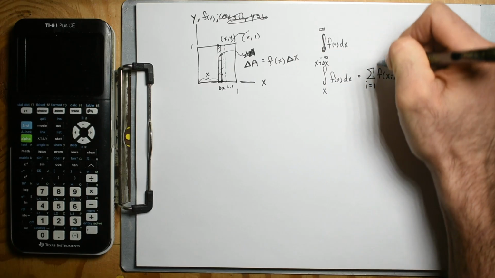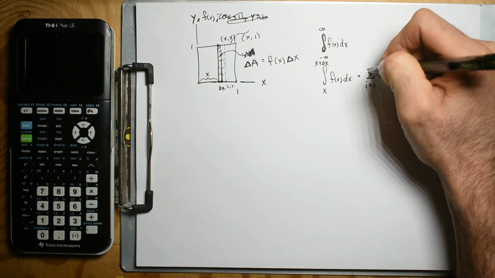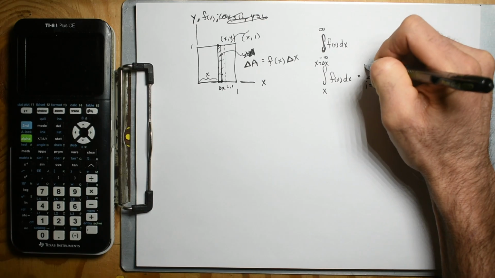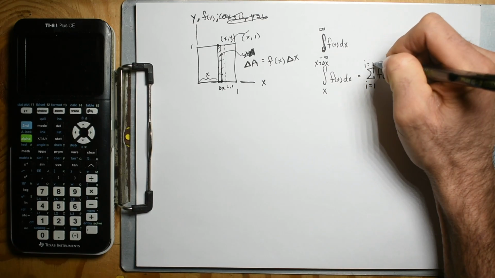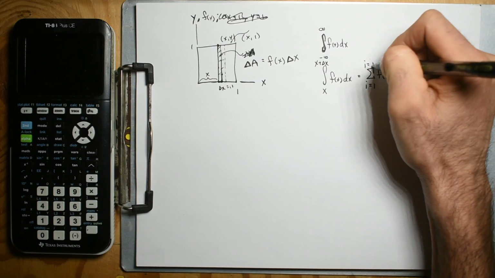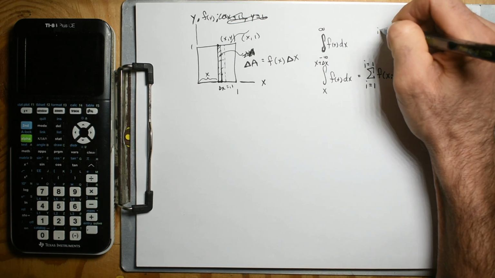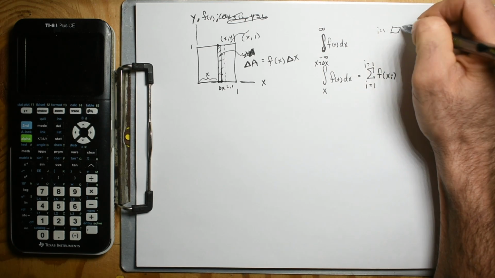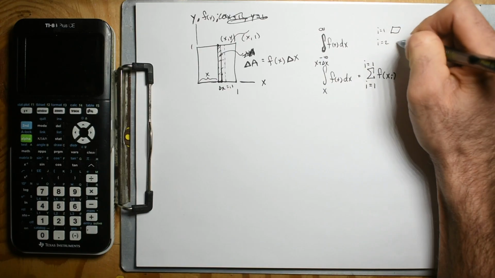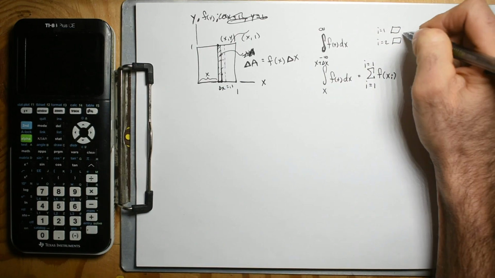When you're summing, I think this has to be integers. A series has to be integers, but this is just i equal to 1 to i equal to 1. So you're just doing it for one iteration. If this was 2, you would have i equal to 1, and you would have that output, and then you would have i equal to 2, you would have that output, and then you would add them.